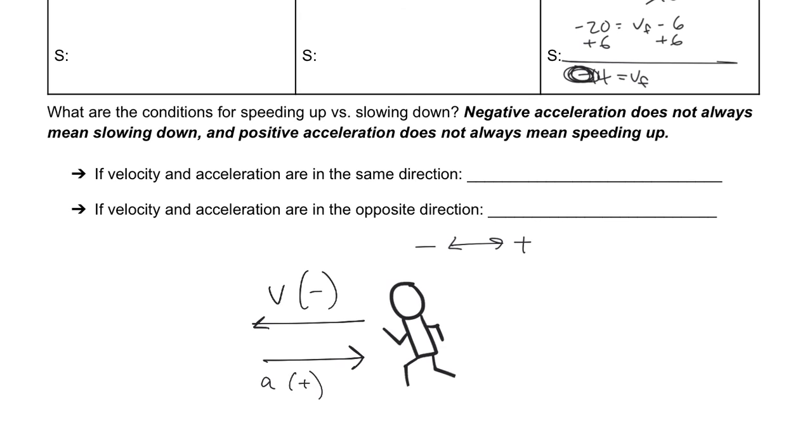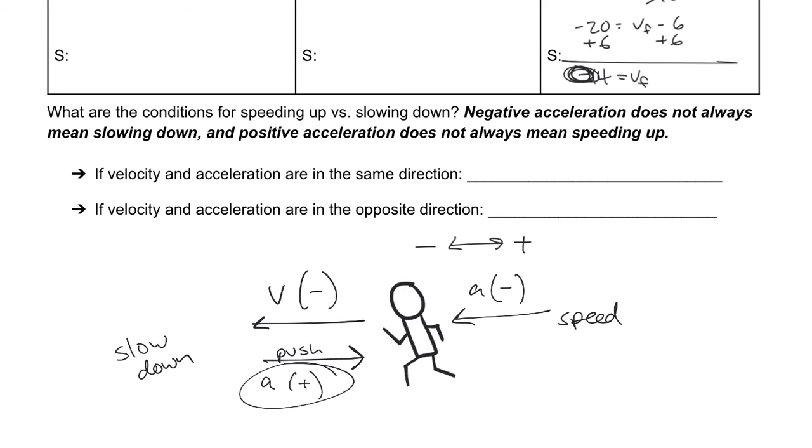If we think positive acceleration means speeding up, then this makes no sense, because the runner is running against the push. If there's a push against him, the runner is going to slow down, even though my acceleration is positive. But this time, if I push him from behind, which makes my acceleration in the negative direction, then he's going to speed up, even though the acceleration is negative.